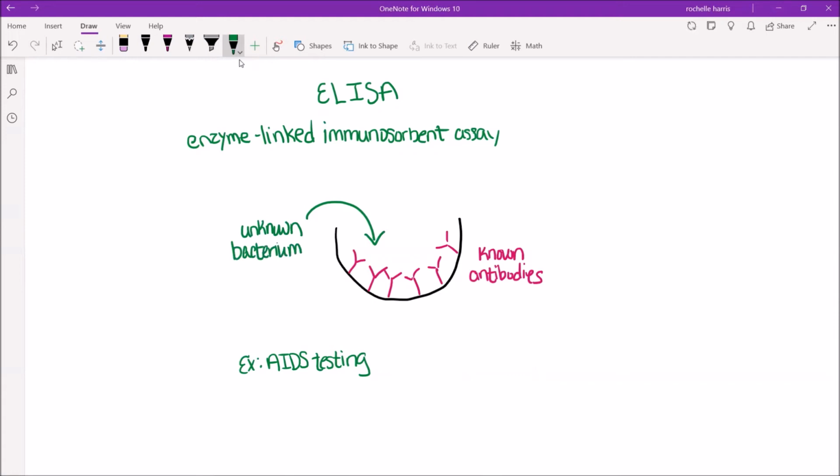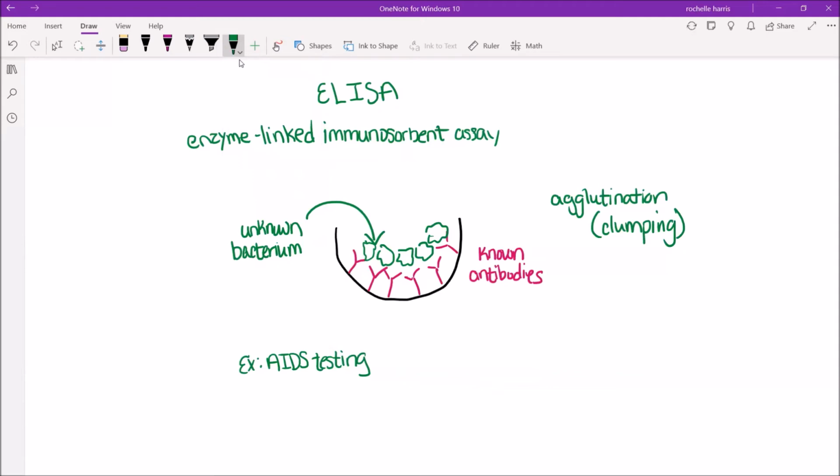Now, we will see, hopefully, agglutination, that is clumping. So our unknown bacterium will clump together and attach to the antibodies.